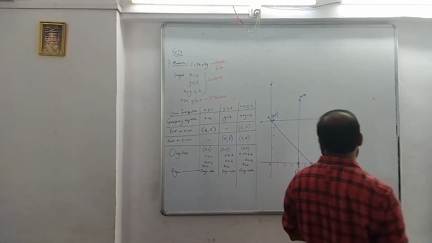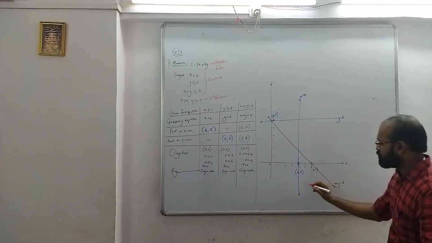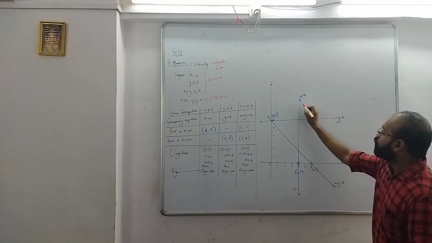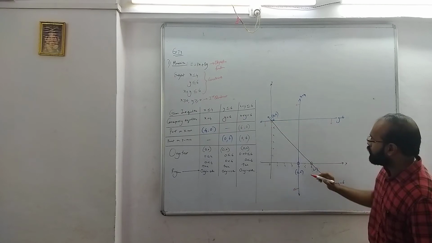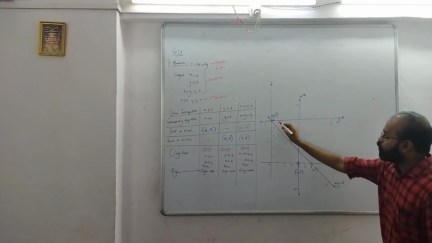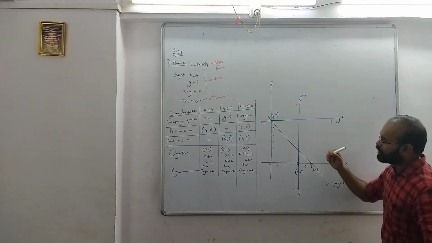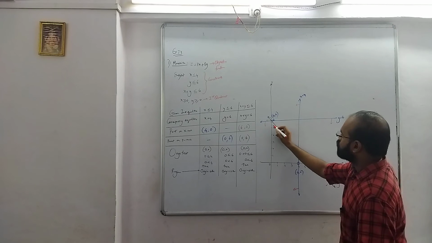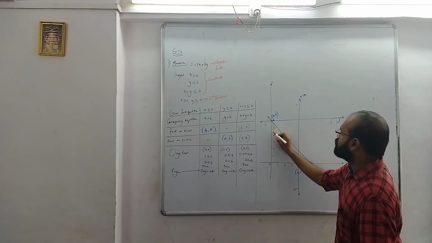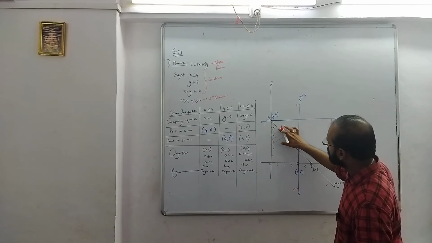Let's see how to get all the origin side. The first line says go towards the origin, the second line says go towards the origin, and the third line also says go towards the origin. So if I draw this, I get the region this way, below these lines.